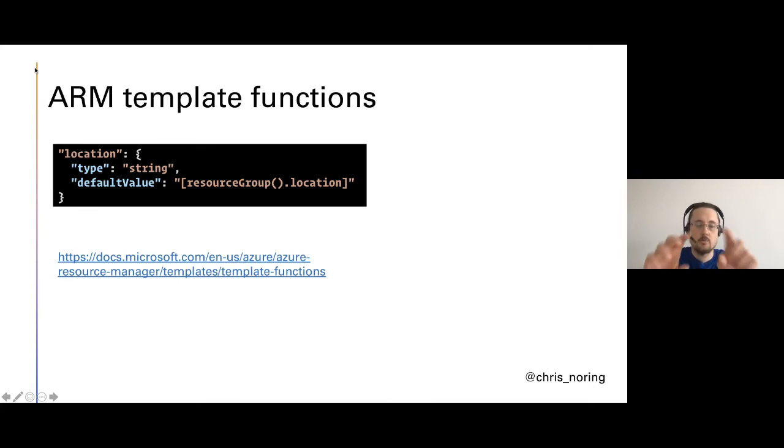So resourceGroup parentheses means that we are actually calling the existing resource group we are deploying towards, which gives us an object back, and then we do .location. So this is an excellent way of setting a default value on the location value here. So that's perfect. This means that whatever resource we're trying to deploy will actually end up on the same location as the resource group that we pointed out. And there are tons of different template functions besides the resource group one.